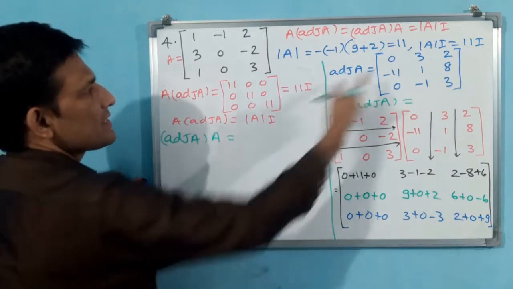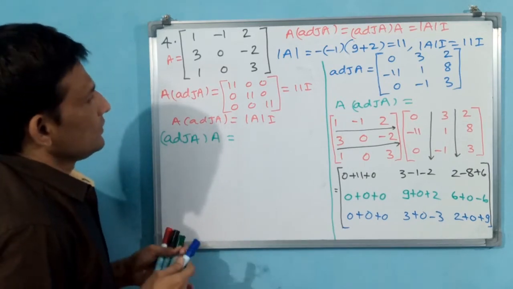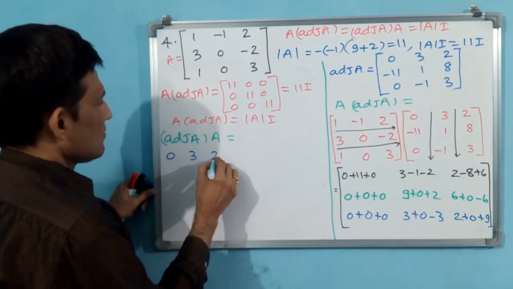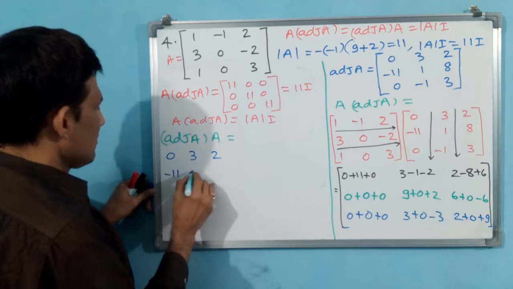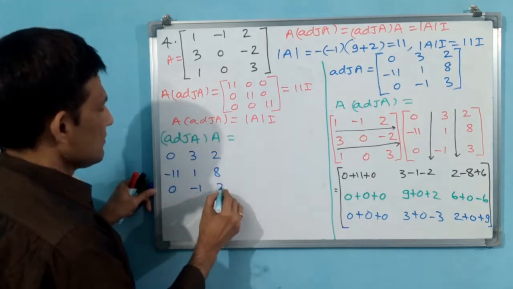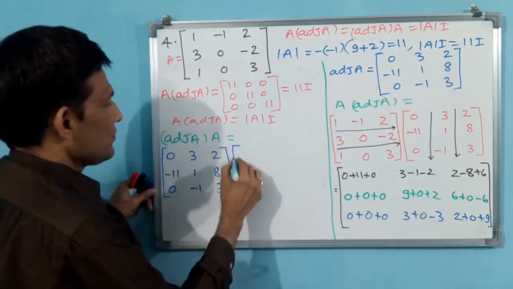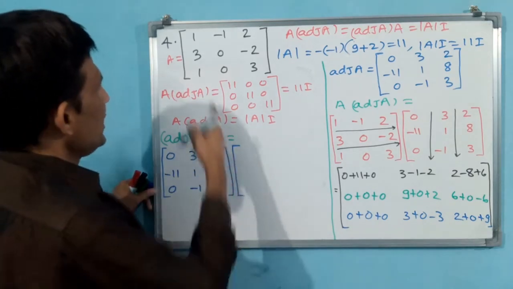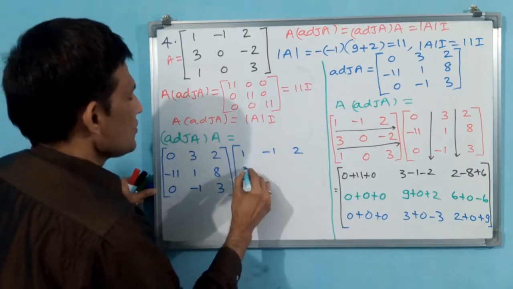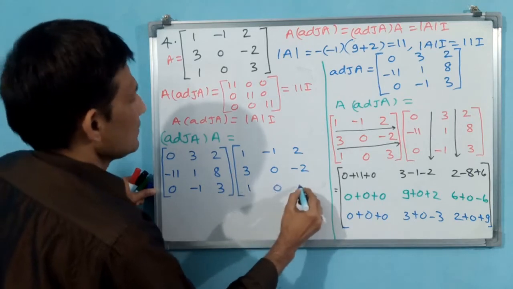First adjoint A, you write adjoint A is this one. 0 3 2, minus 11 1, 8 0 minus 1 3, into A is this one, 1 minus 1 2, 3 0, minus 2 1 0 3.